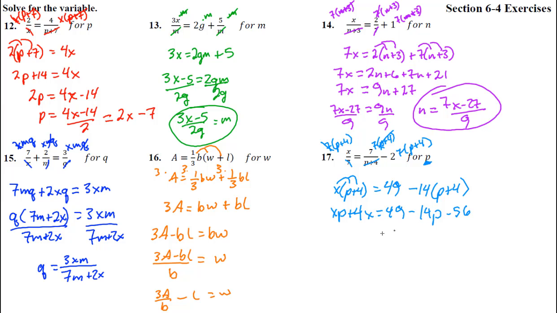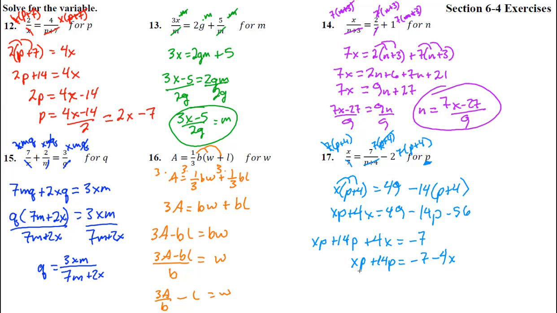So we're going to add 14p over to this side. xp plus 14p plus 4x equals 49 minus 56 is a negative 7. Okay. Subtract the 4x over there, so all the p's are here together. xp plus 14p equals negative 7 minus 4x.